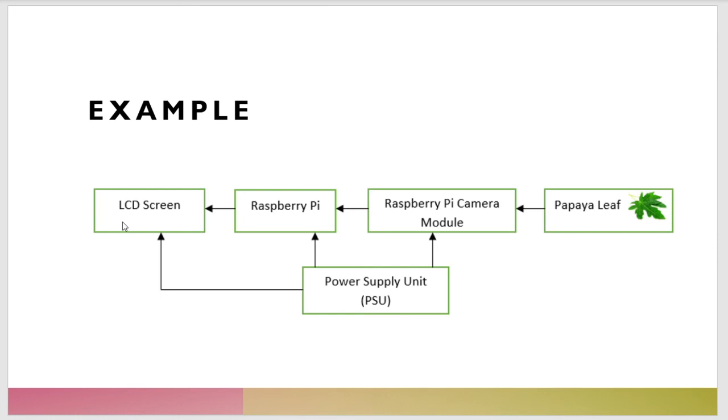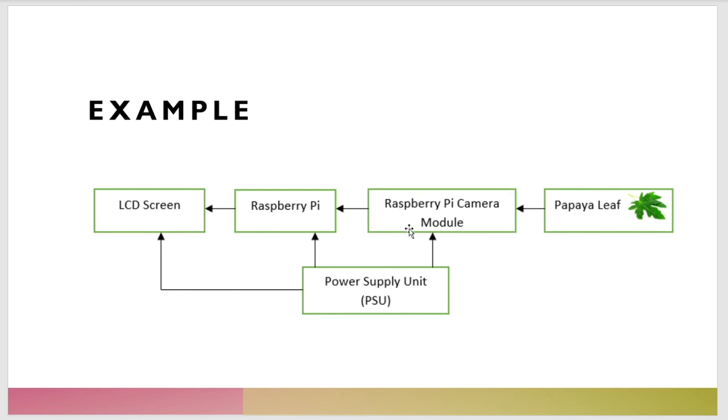Now, let's say, for example, in my thesis, the approved block diagram in my master's, we have here Raspberry Pi, of course, as the input, and also the Raspberry Pi camera module. We are also going to use that. But the first thing that we need to have is the papaya leaf. So this is the flow of this one. We have the papaya leaf, which will be scanned by the Raspberry Pi camera module.